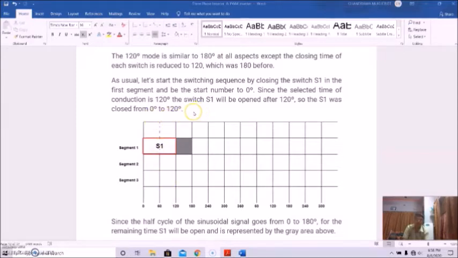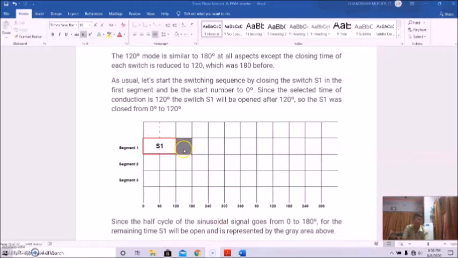Before, in 180 degree conduction, H1 was closed up to 180 degree, but here it is closed from 0 to 120 degree. The half cycle of the sinusoidal signal goes from 0 to 180 degree. For the remaining time H1 will be open, and that is represented by the gray area here.